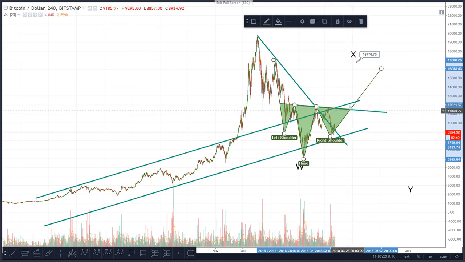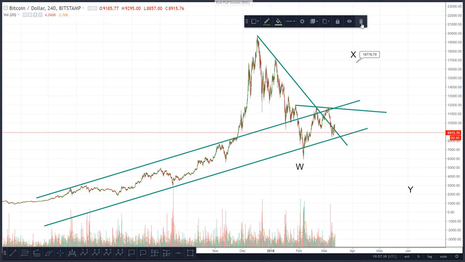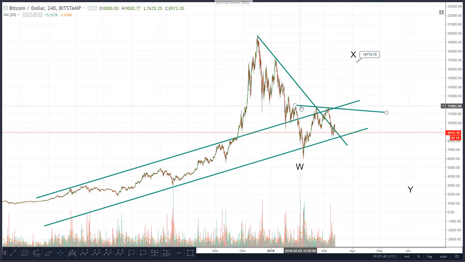So once price breaks that, I expect it to go up a lot more sharply. Supporting this inverse head and shoulders pattern, you've got good volume on the left shoulder, good volume on the right shoulder, with the most amount of volume on the head, which is typical for an inverse head and shoulders pattern, or a head and shoulders pattern also. So that's the neckline that we're aiming to break out above.